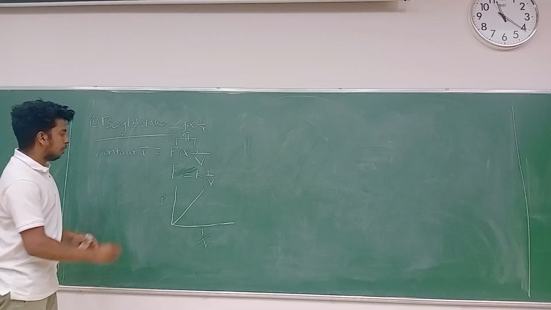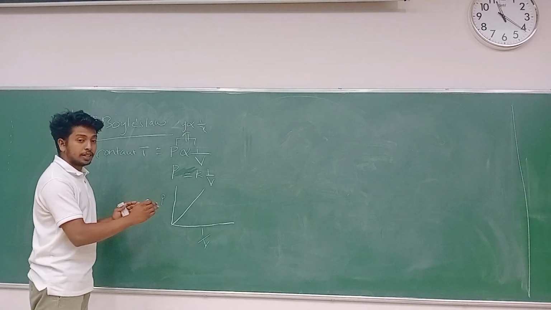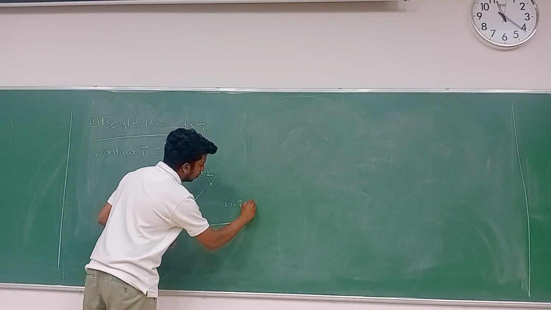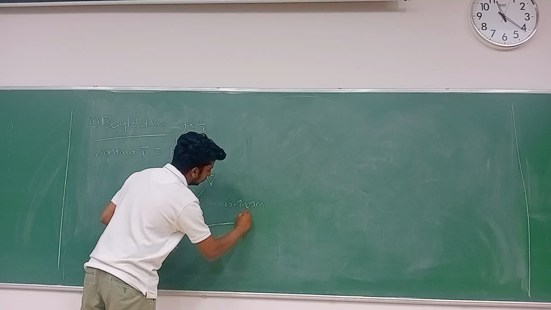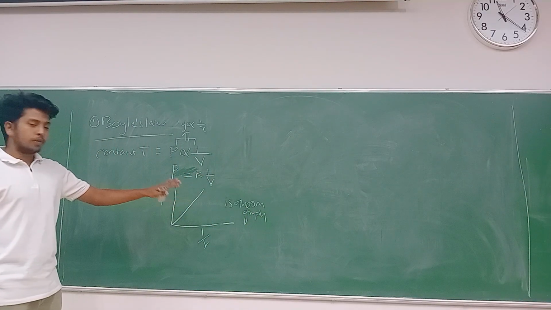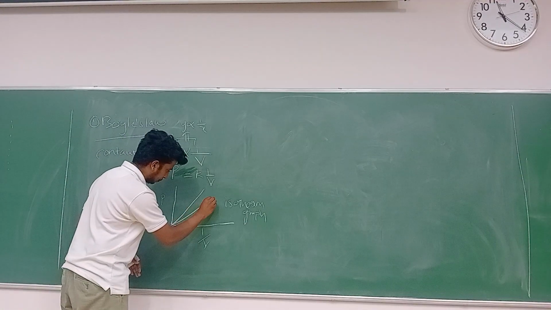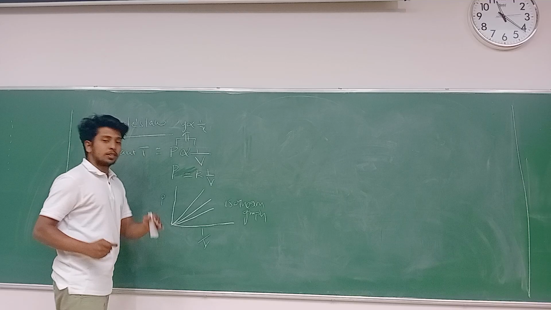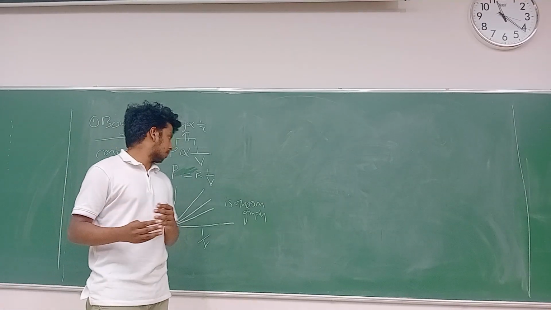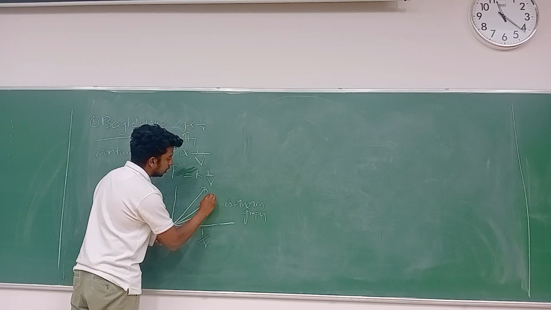This is the graph of Boyle's law, and we should clarify that it is taken at constant temperature. So this graph is known as an isothermal graph. Now think of other cases where we change the temperature.